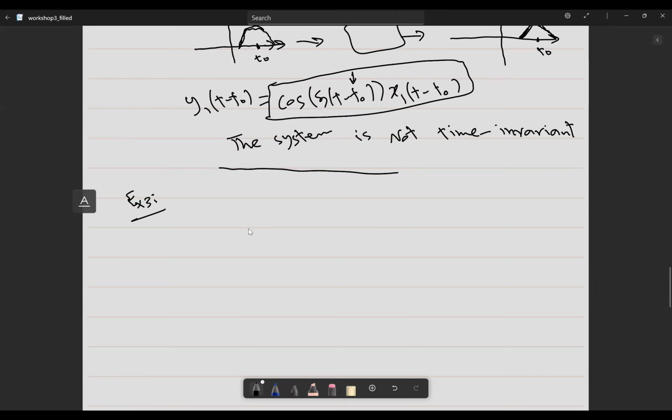Let's say we have a system, the output of a system is y[n] equals summation k equals minus infinity to 2n of x[k]. And we need to check if this system is memoryless, causal, stable, linear, or time invariant.